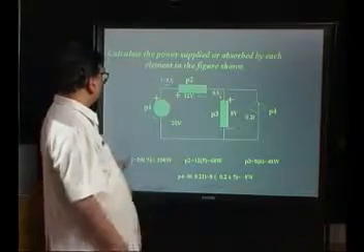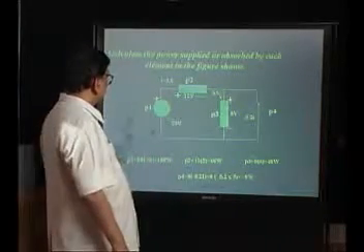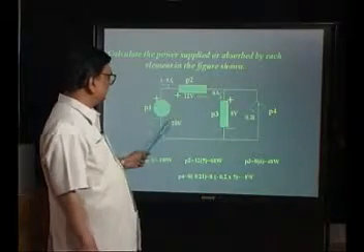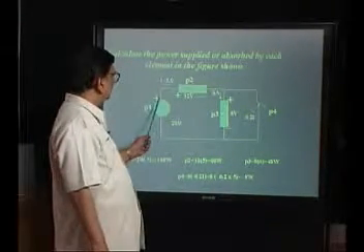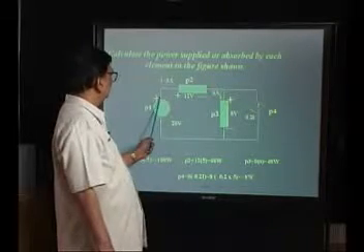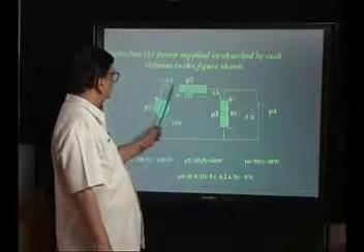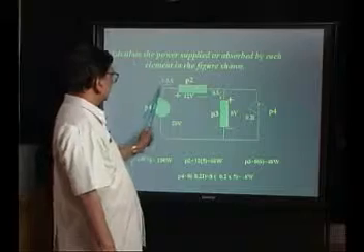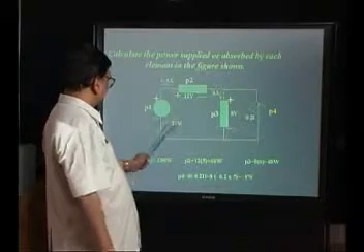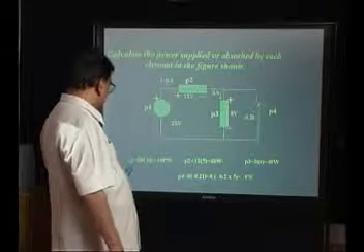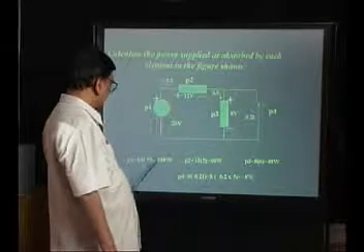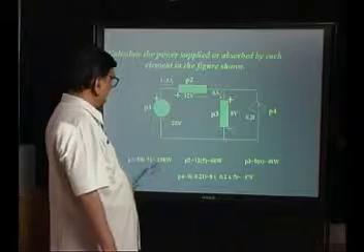Let us first of all take this one. This is a voltage source whose voltage is 20 volts and the current is coming out of this source from the plus terminal. If the direction is out of this source, then we take it as minus. So, that is why the P1, the power delivered by this source, is given as 20 into minus 5, which is equal to minus 100 watts.